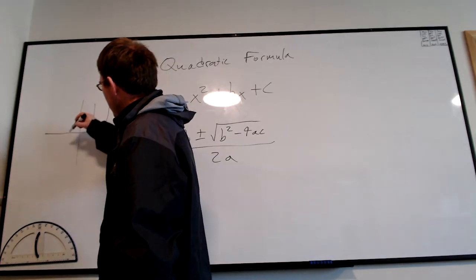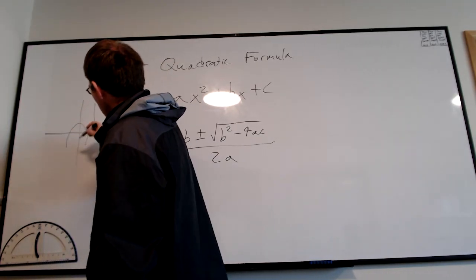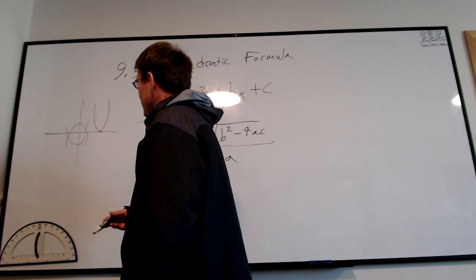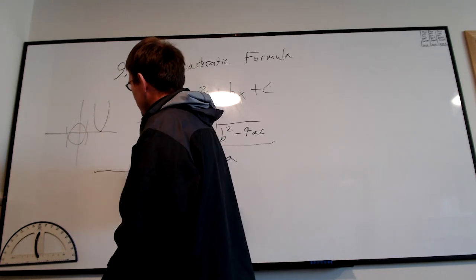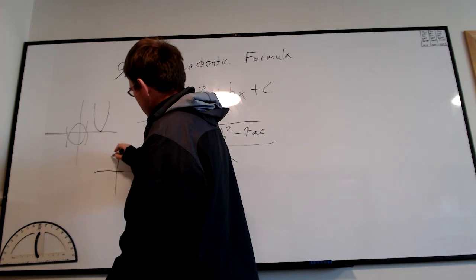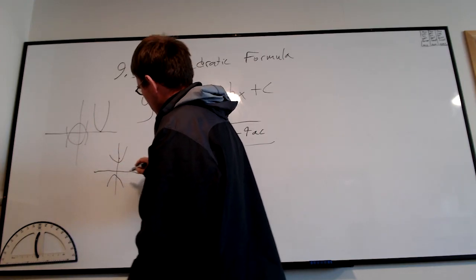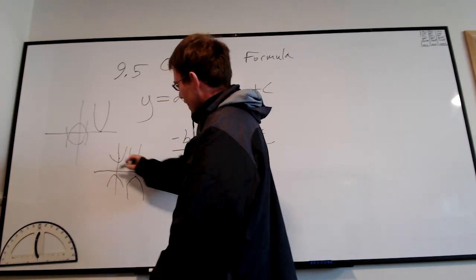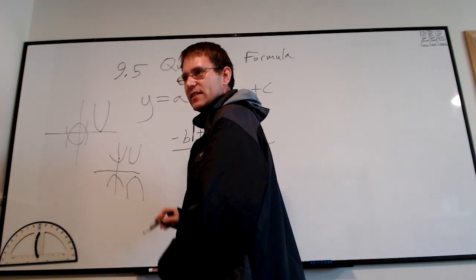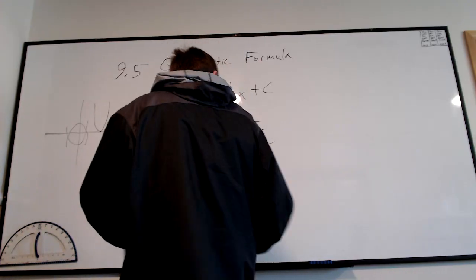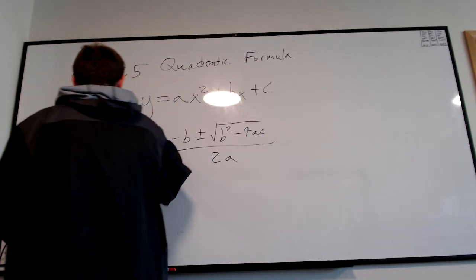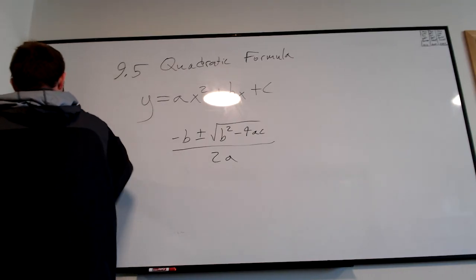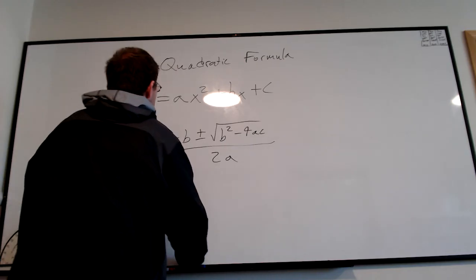But normally it's either like this or like that. So normally there's two values, but then there's also the possibility of no solutions if it's up above or over here, because it never intersects the x-axis. So yeah. Okay.